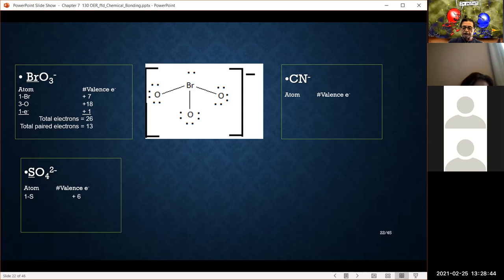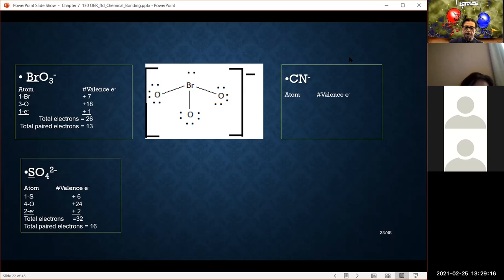All right, so let's continue with the valence electrons. We got 6 coming from sulfur. We have 4 oxygens in group 6, right? So 6 times 4 is 24. And now, it's a negative anion, so we're going to add 2 electrons because it has a -2 charge. That means that we have 32 electrons or 16 pair.